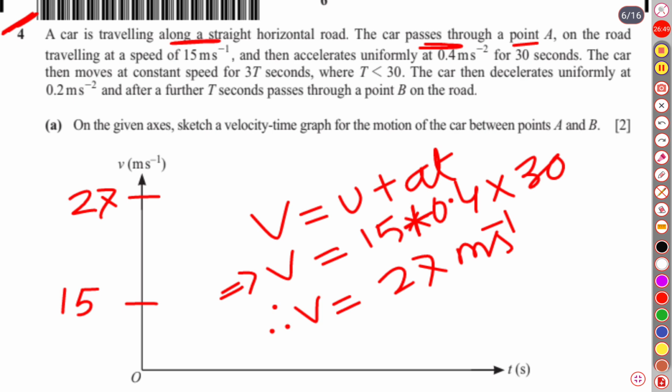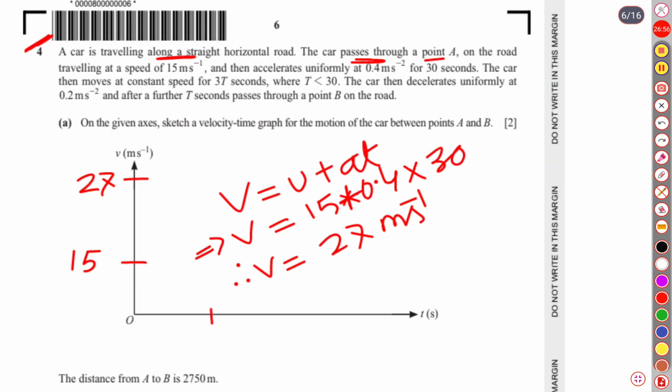The first phase was for 30 seconds, and then it traveled at constant speed for 3t seconds. So here it may be 30 plus 3t.